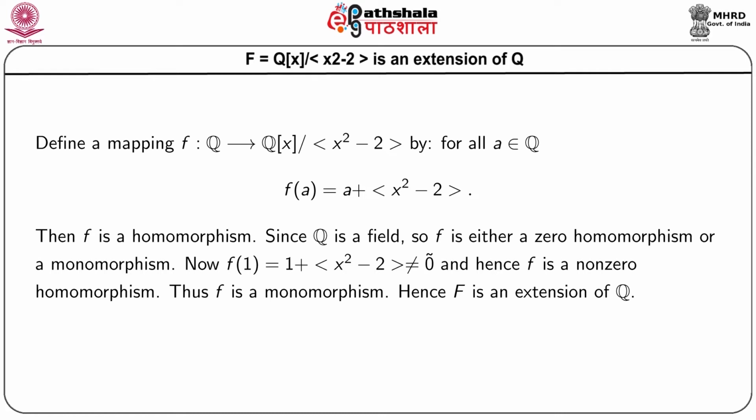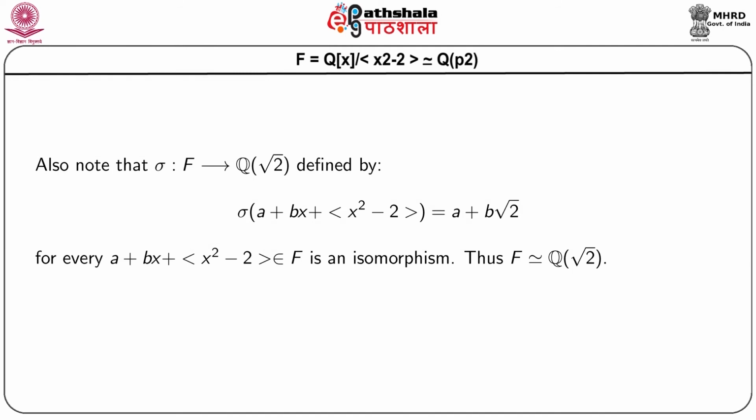For this, it is sufficient to note that 1 is mapped under f into the coset of 1, that is 1 plus the ideal generated by x square minus 2, not 0 of the field F, and hence f is a non-zero homomorphism. Thus, f is a monomorphism, hence F is an extension of Q. Here also you can note easily that F is isomorphic to Q root 2.